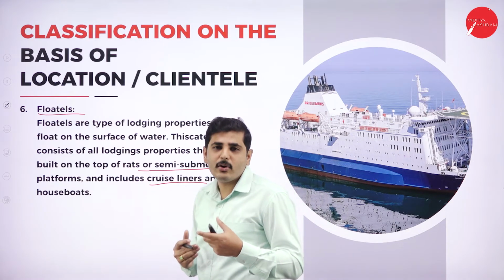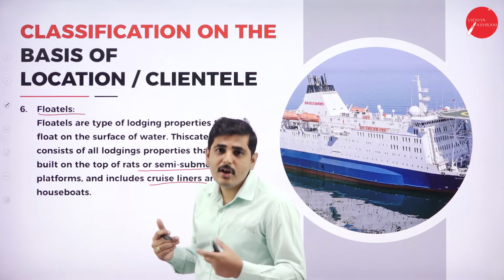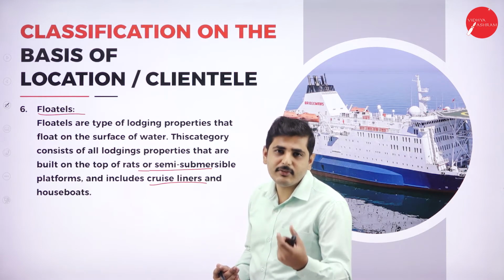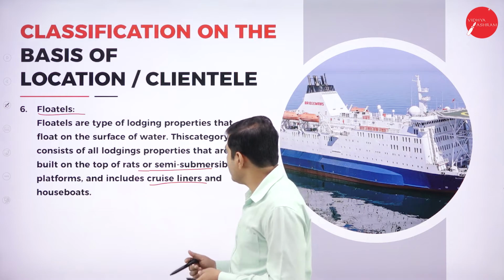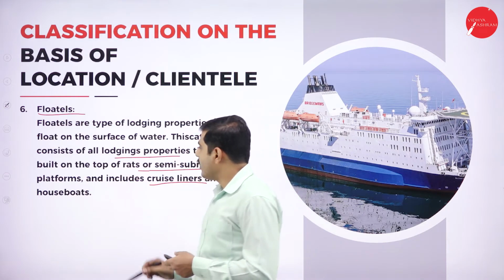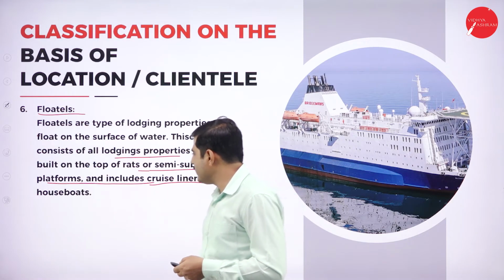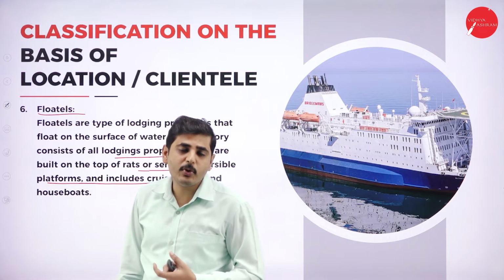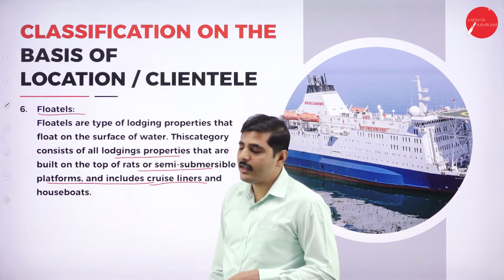These hotels are largely concentrated at tourist spots and water-flowing areas, usually rivers or beachsides. They provide lodging, and the platform includes cruise lines and houseboats. You can usually find houseboats on the Kerala side, or in other river areas.